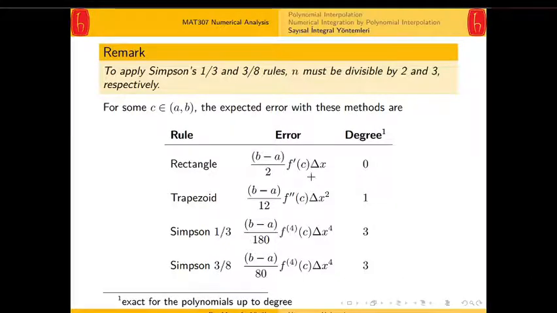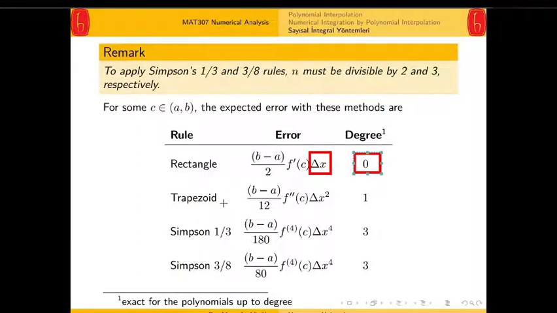What we care about here is delta x, because all the other terms will be constant. So this is just a first order approximation, because if we halve delta x, the error will be halved. The rectangle rule will be exact for constant polynomials.